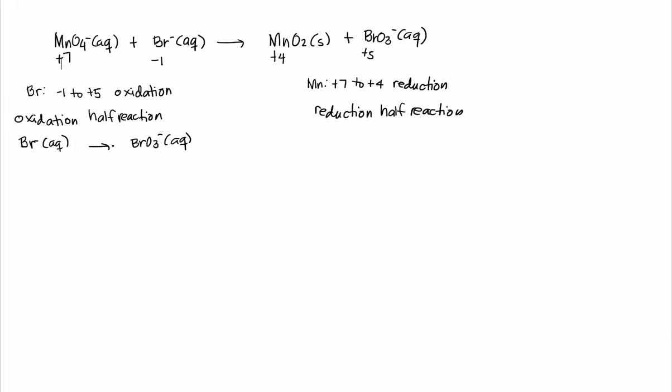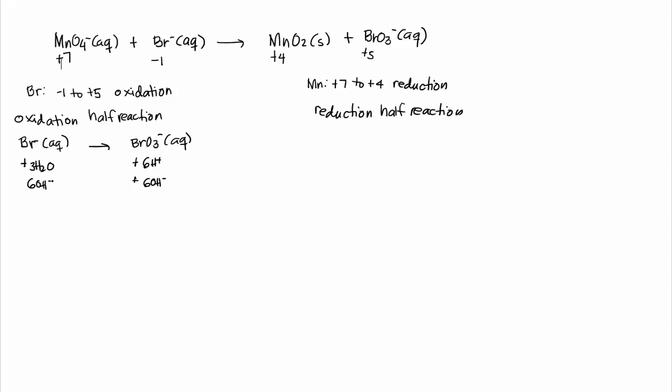Next, oxygens, 3 right, 0 left, so we need 3 H2Os on the left. Next, we have 6 H's on the left, 0 on the right, so we need to add 6 H pluses. We are in base, so we have to neutralize the H pluses with OH minuses. We add 6 OH's to both sides.